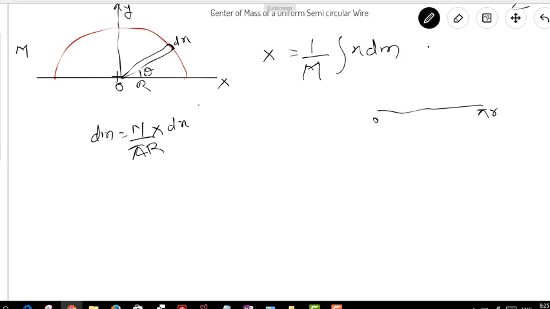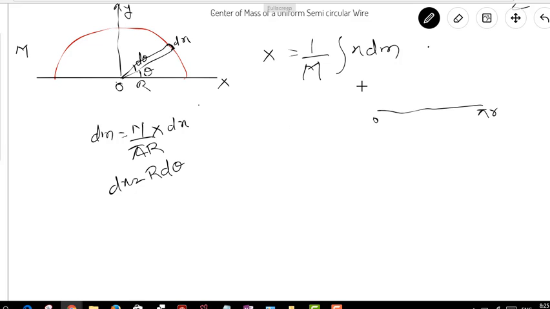So let's say we take a differential element at an angle of theta, and the element subtends an angle d theta at the center. Then the value of dx will be r d theta, right?